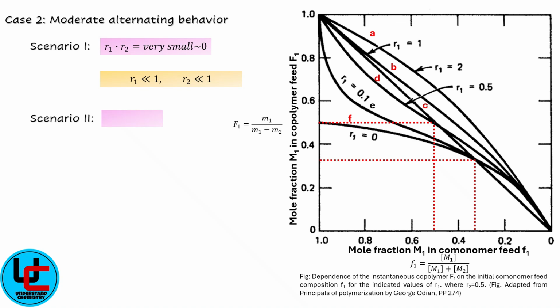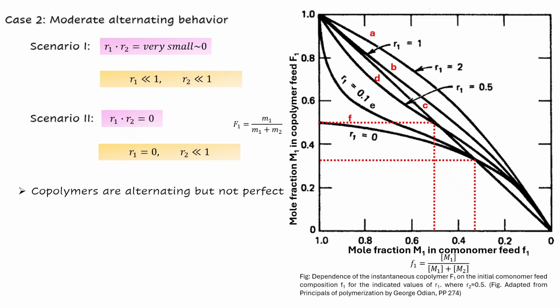In another case, the product R1 into R2 is equal to 0, with R1 equal to 0 and R2 also much smaller than 1. In both cases, the resulting copolymer is not perfectly alternating. Instead, there is some deviation from ideal alternation.